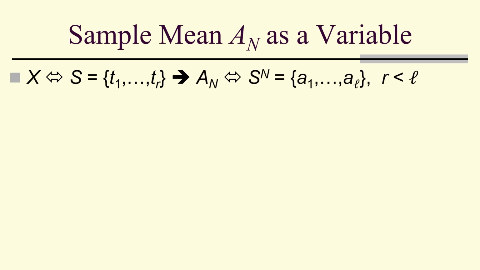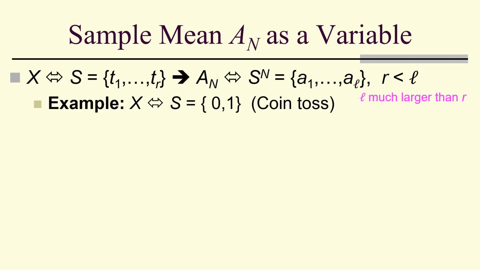So if we have x associated with S and then the sample mean with another space, this L is much larger than the size of S. For example, suppose we had a coin toss. Well, A2 would be associated with the possible averages you could get for tossing a coin twice.